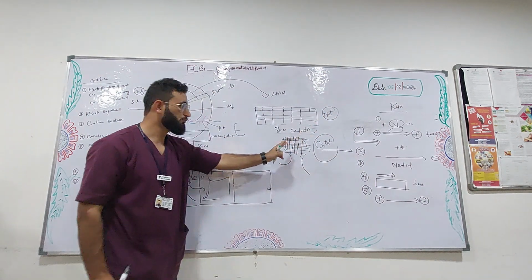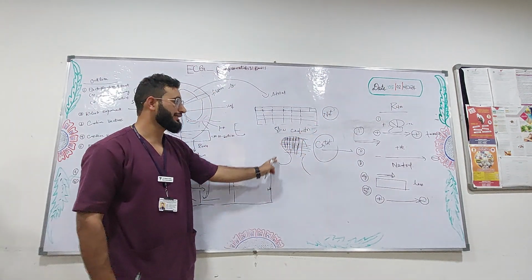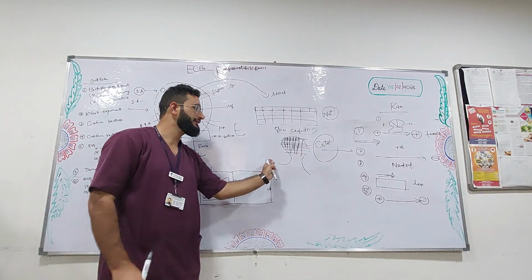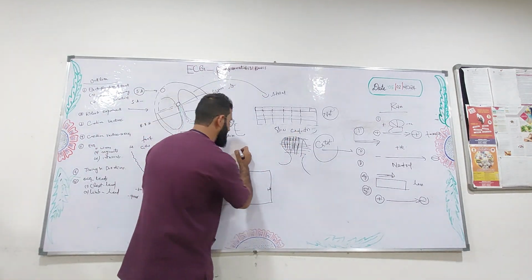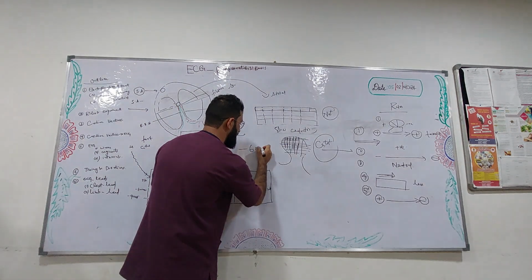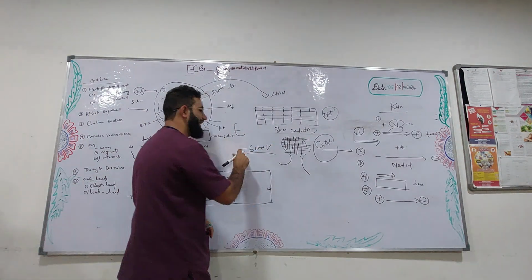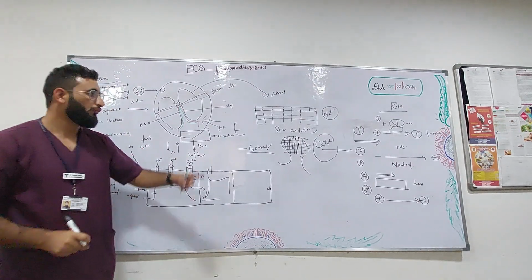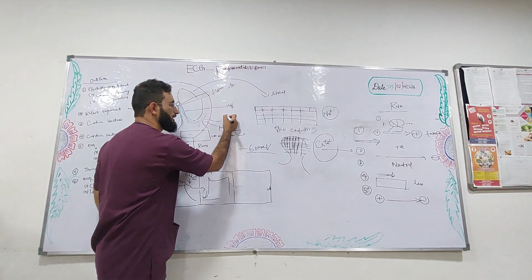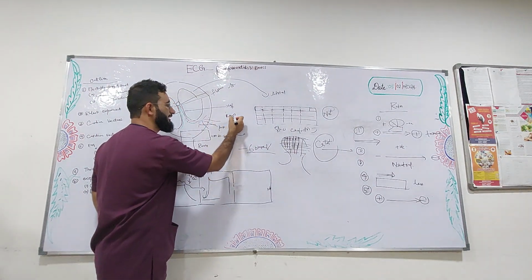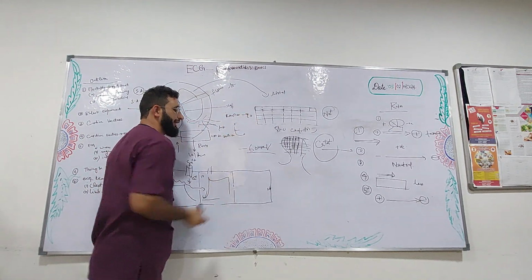First point. Second point, there are many cells in the AV node, and this AV node is also a small tissue. Another point is that the resting membrane potential of the AV node is minus 60 millivolt, whereas in the ventricle the resting membrane potential is minus 90 millivolt.